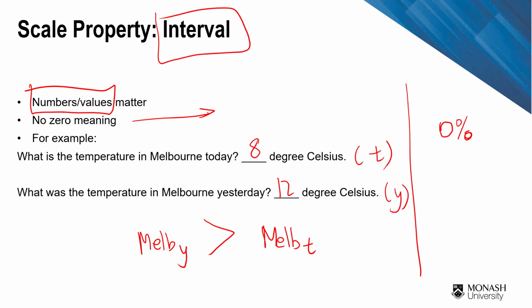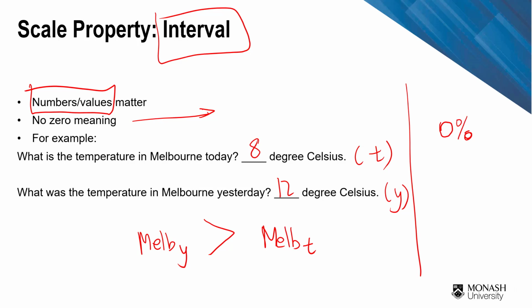But when we come to interval, there is no such thing as nothing. What do I mean by that? If I'm saying the temperature in Melbourne tomorrow will be 0 degrees Celsius, can we say that there is no temperature?